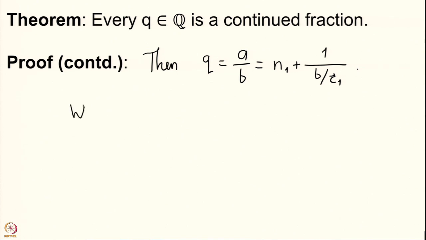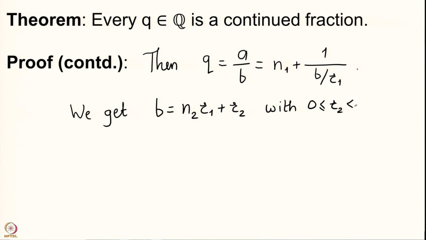So, we get b equal to n2 r1 plus r2 with 0 less than or equal to r2 strictly less than r1. Now, all these are natural numbers because our b is a natural number, r1 is a natural number.